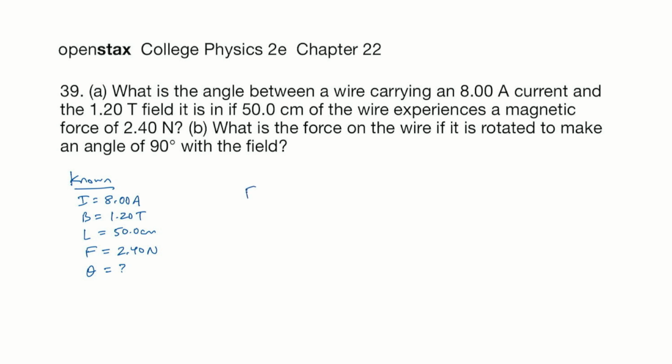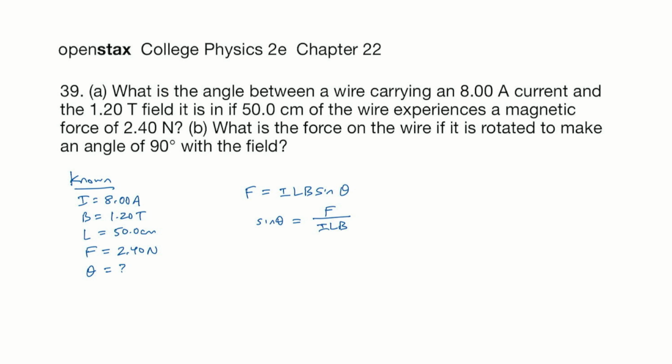Magnetic force on a length of wire is F equals ILB sine theta. We need to make this equation say theta equals. So let's start with sine theta. We're going to have F divided by everything that was multiplying the sine theta, so ILB.